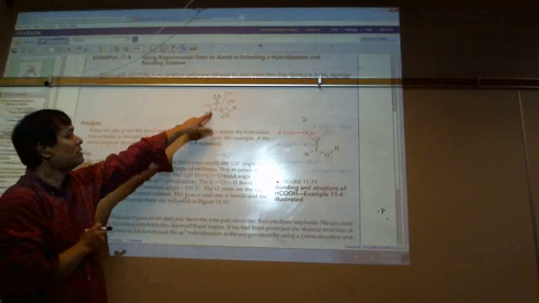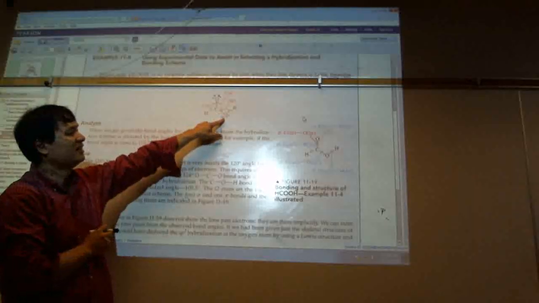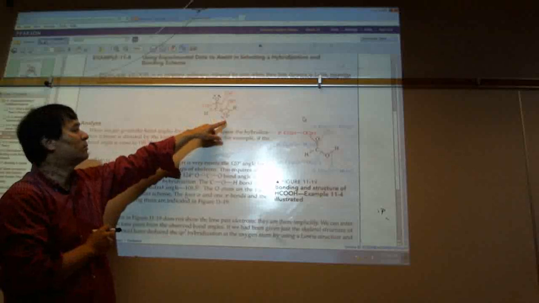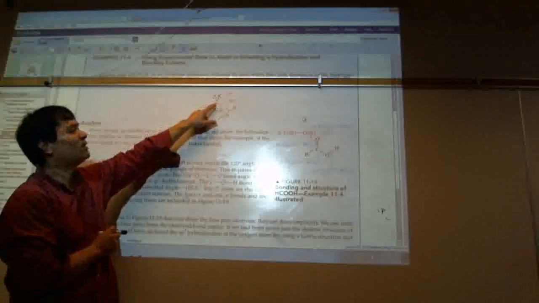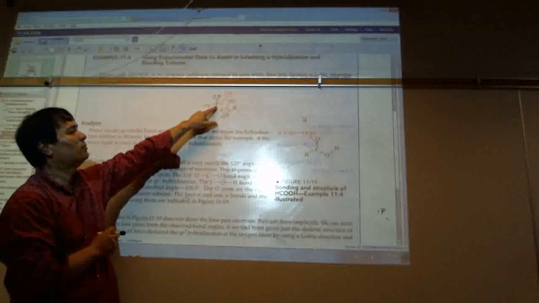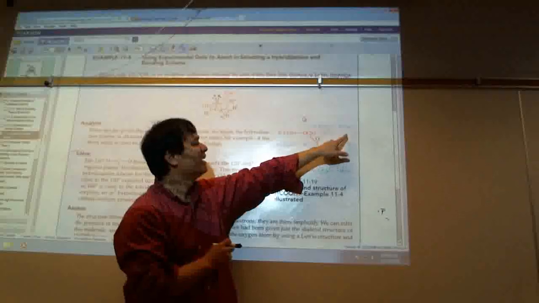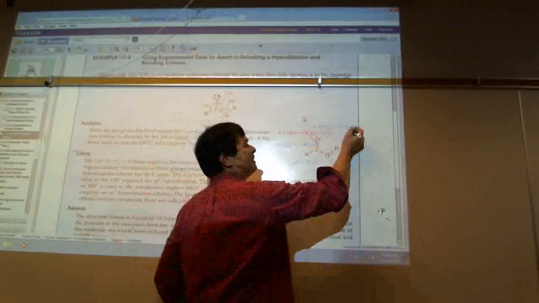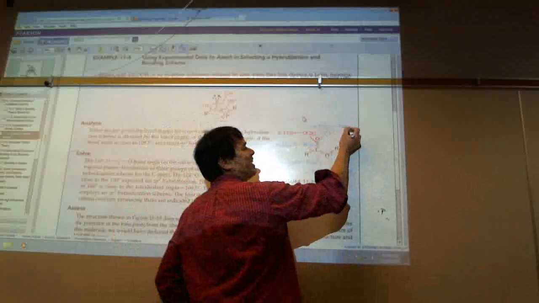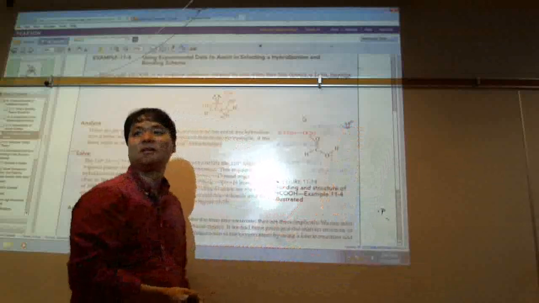And so you can see this is sp2, and this is sp3. Up here the carbon-oxygen bond is going to consist of an sp2 sigma, sp2 sigma. Remember what Petrucci does. Petrucci doesn't hybridize. I hybridize. And so this is sp2 sigma.